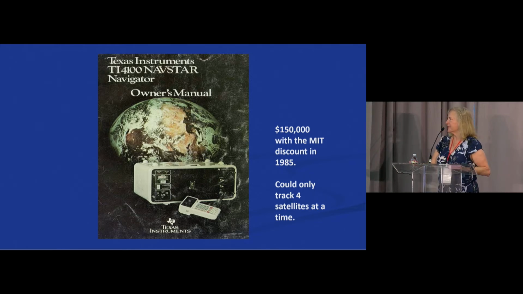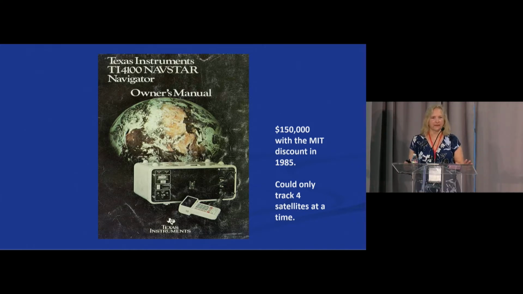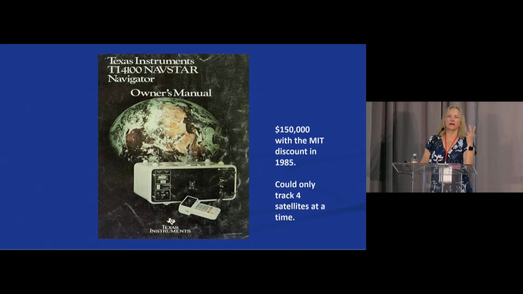At that time, it could only track 4 satellites, but that was okay because there were only 4 satellites up there. And they would be visible for 4 hours every day at the same time. So you could actually start to do positioning with those 4 satellites, but you had to be there at the right time when they were there.